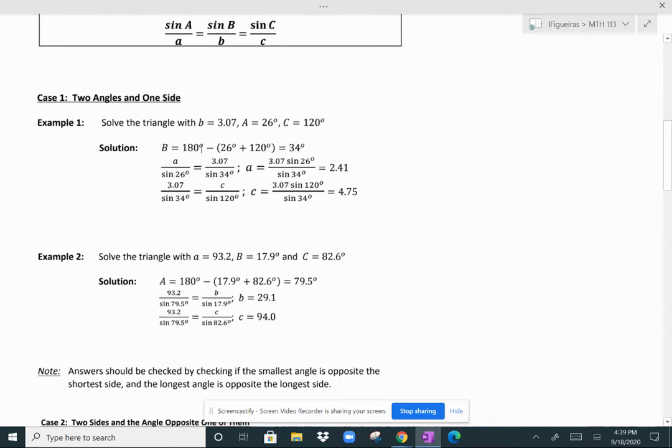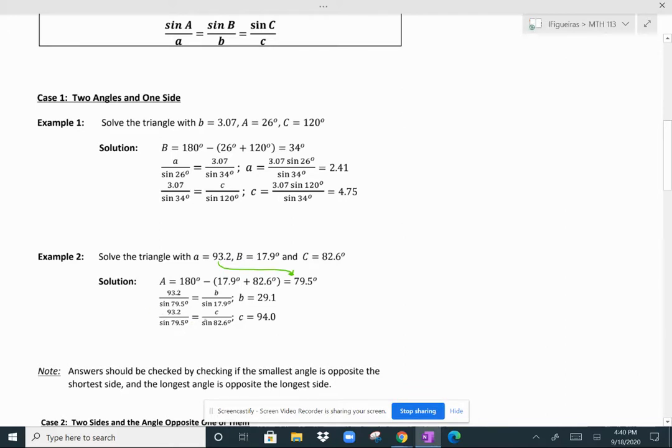Here's another example of case 1. You're given side A and these two angles B and C. So first I found angle A by adding B plus C and subtracting it from 180. So angle A is 79.5 degrees. So now I have a side A and an angle A, so I can set up a ratio.